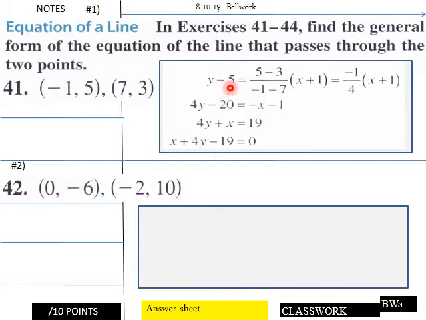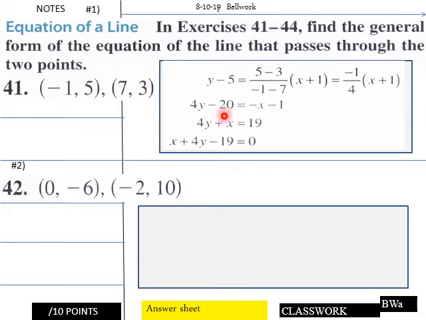So anyway, this is our slope calculation. And then we have y minus y1 equals m times x minus x1. So in this case, x minus a -1 would be x plus 1. So this comes out to -1 over 4 times x plus 1. When we multiply through, we get rid of our fraction over here.